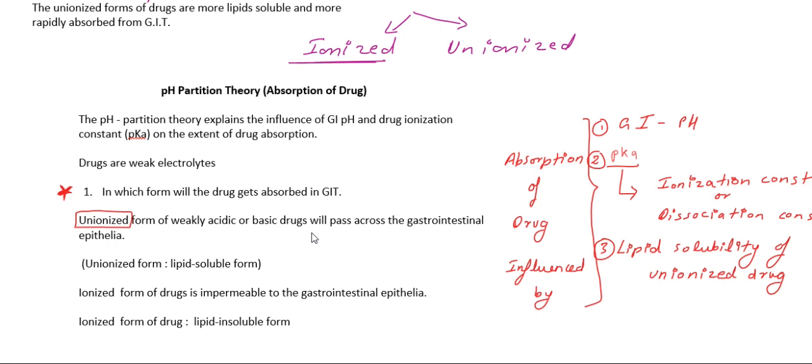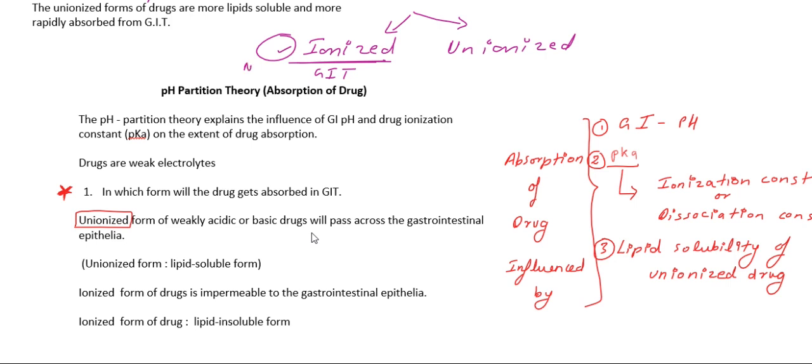An ionized form of drug, or if a charge is present in the drug, is not absorbed into the systemic circulation, or we can say it is not absorbed through the gastrointestinal tract.